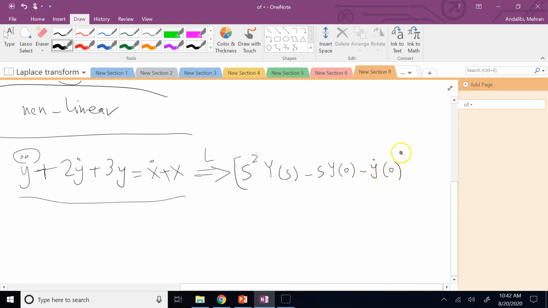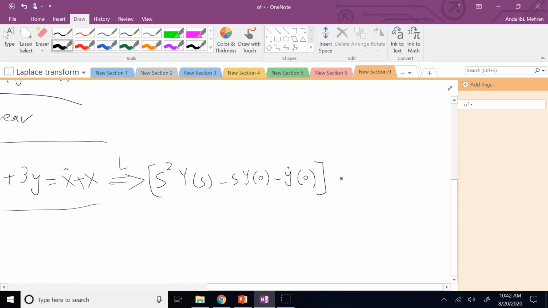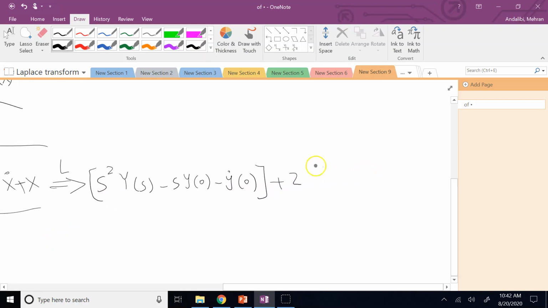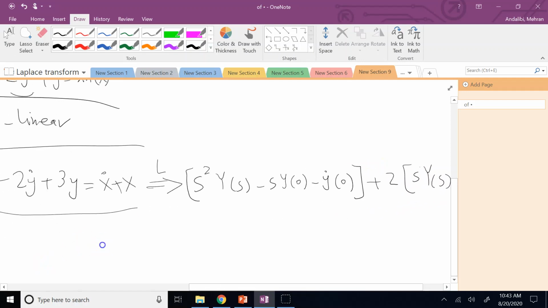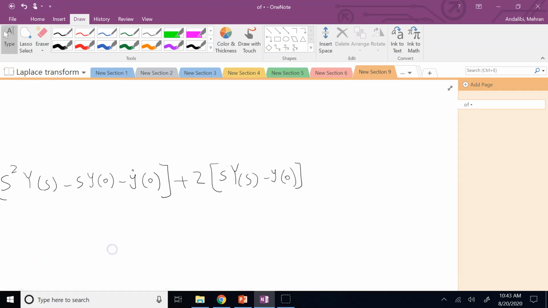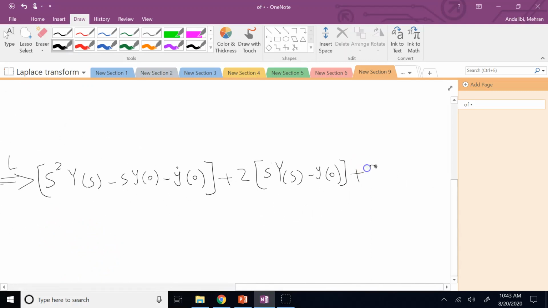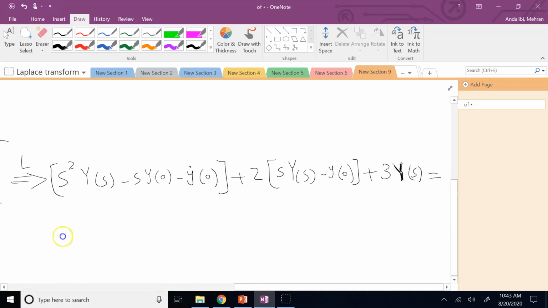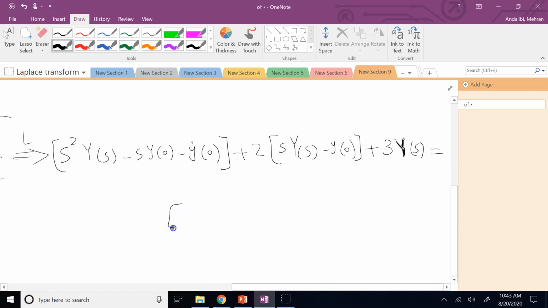Okay, this is Laplace of y double dot plus 2 times Laplace of y dot, which is sY(s) minus y of 0, and then plus 3 Laplace of y, this is equal to Laplace of x dot plus Laplace of x, and Laplace of x dot is sX(s) minus x at 0, and Laplace of x.